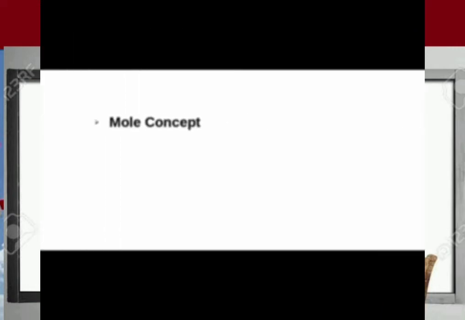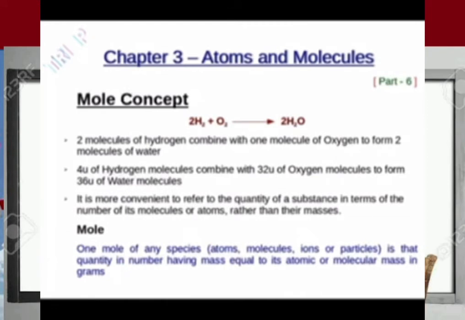And next, the mole concept. Next we are going to discuss the mole concept. What is the mole concept? Let's start the mole concept using an equation. Here the equation is 2H2 plus O2 gives 2H2O.